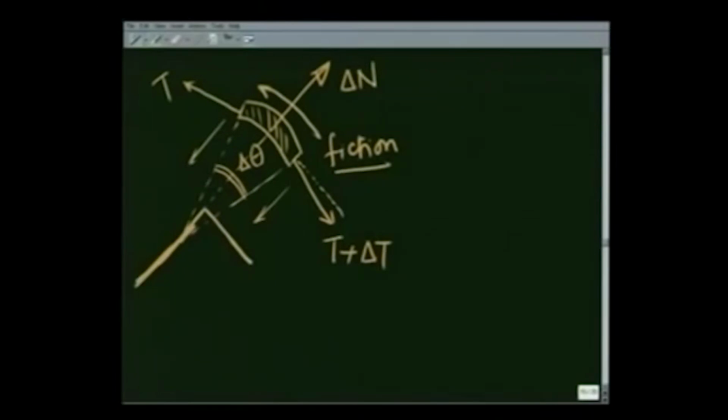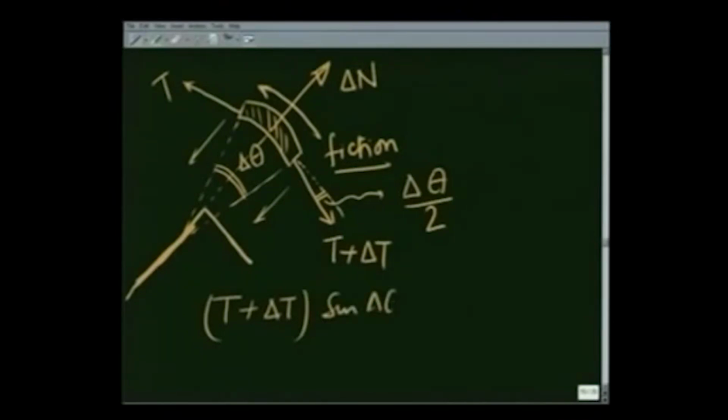The components of T in this direction balance N, and therefore I am going to have T plus delta T. This angle, as you can see, is going to be delta theta over 2, and this is a very small angle, so sine delta theta over 2 can be estimated by delta theta over 2 itself, plus T sine delta theta over 2 is going to be equal to delta n.